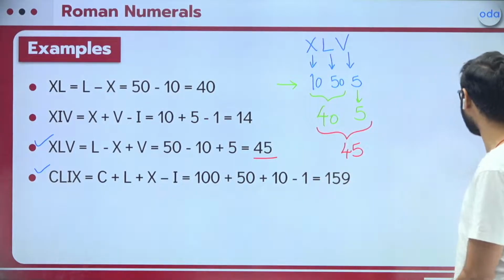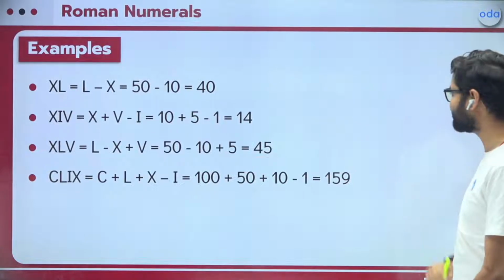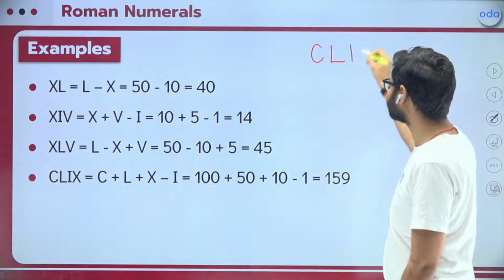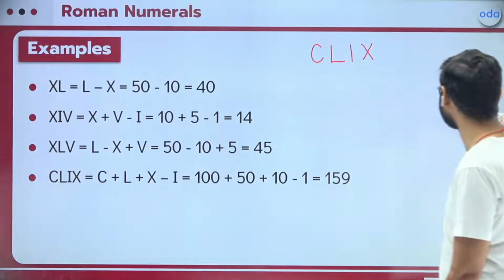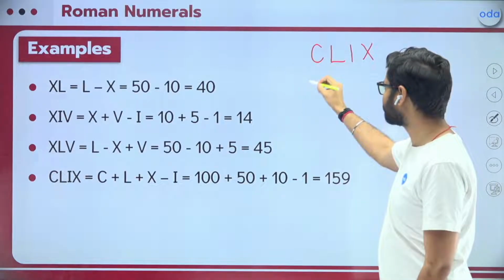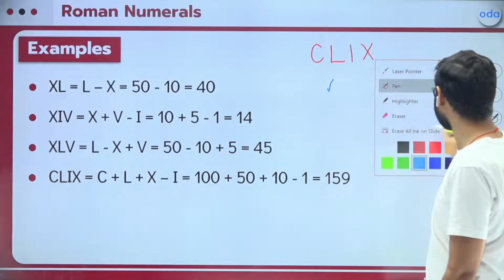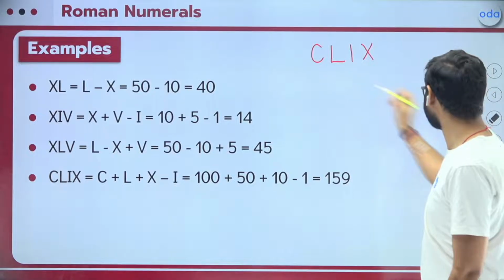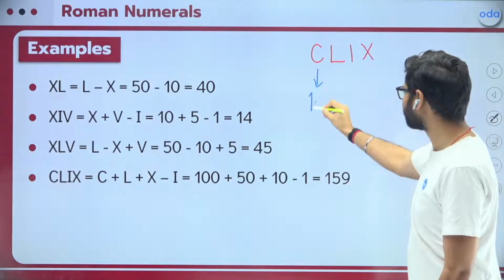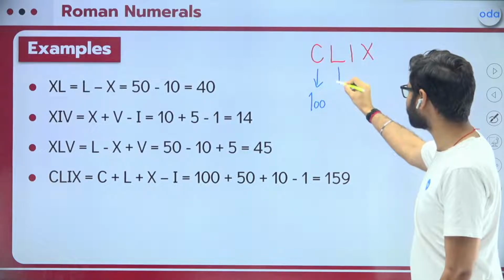CLIX. Now we have 4 digits. No problem, we'll go one by one. I have to start from the left hand side only. The value of C is 100. The value of L is 50.